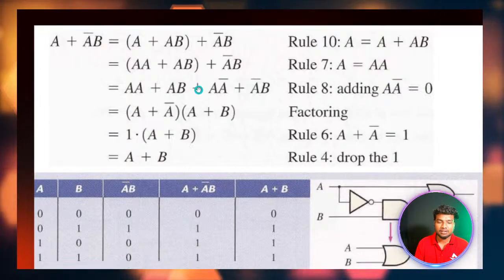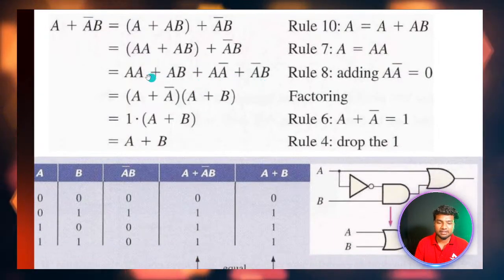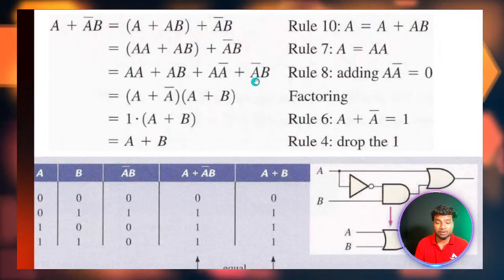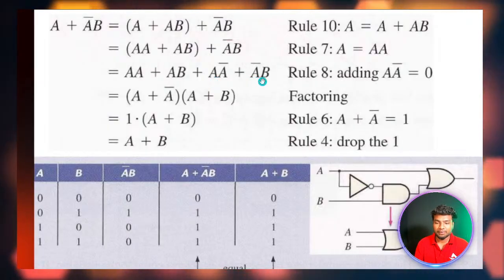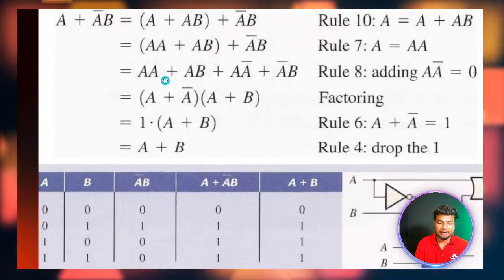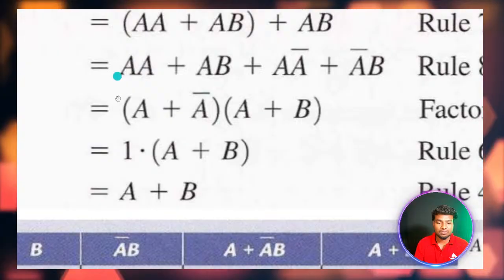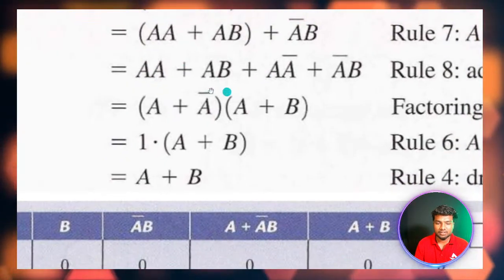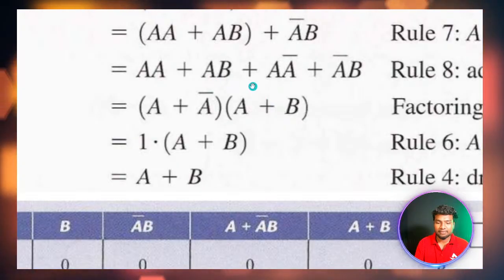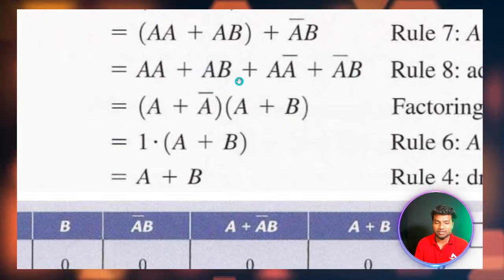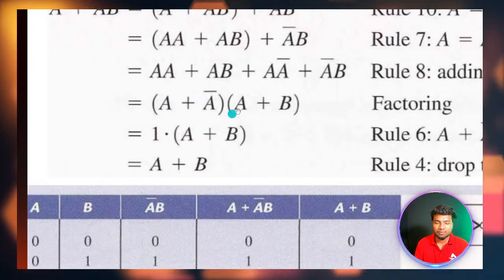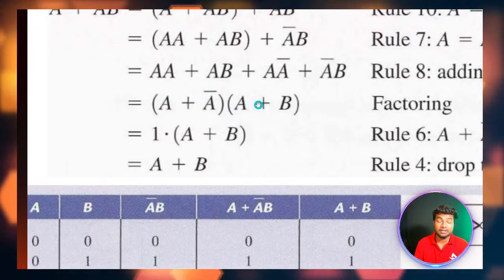Inside this bracket I get an expression like this, a, a bar, and then a b bar. Okay, sorry, a bar b. After that, I can take out my a outside, so like this. So you can see here a and a bar, and then a plus b.